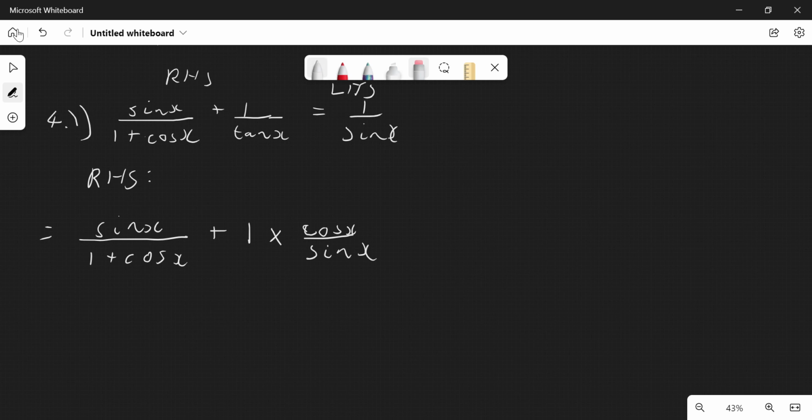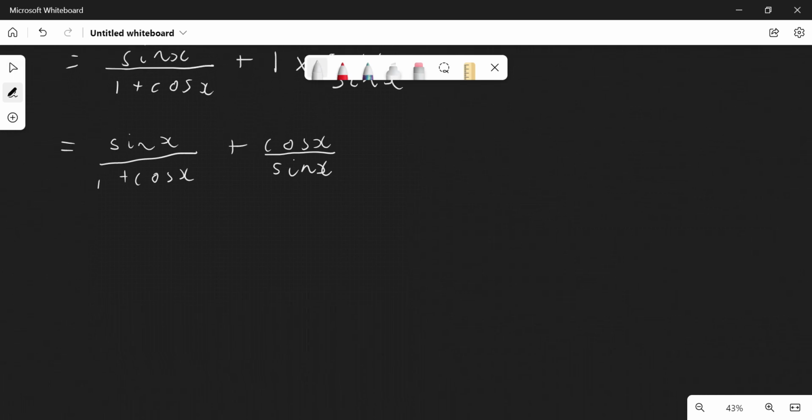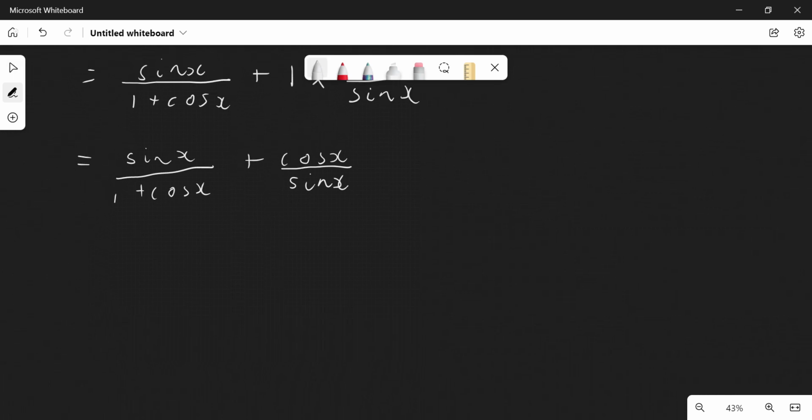These are important things. You have to learn to be as efficient with your writing as possible, because there's a lot of it, and time is moving in your test. So we have sine x over 1 plus cos x, and then plus cos x over sine x. I could have written this immediately and skipped this whole section, but for the sake of showing what is happening, it's important that I do this.